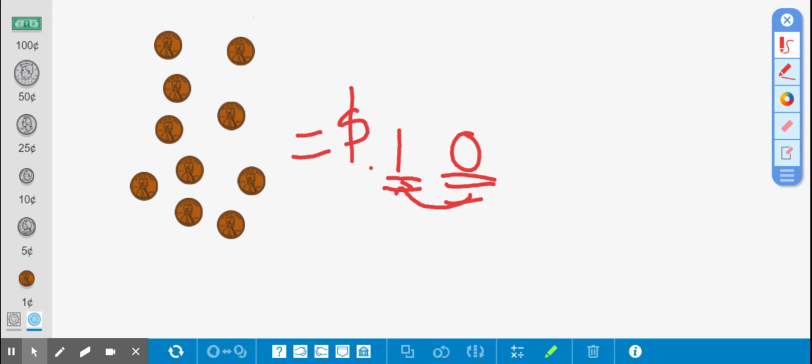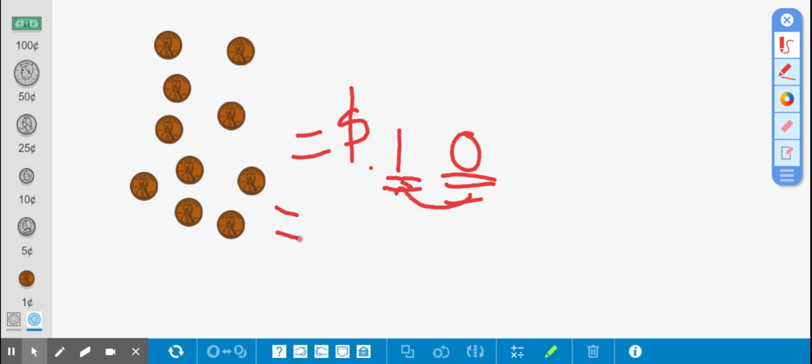So every time we surpass the 9 in that column, we have to move over a column to the next column to the left. So now we would express 10 pennies as a $, decimal point, 1, and a 0. Now we could also just for fun, make some irrelevant note here.